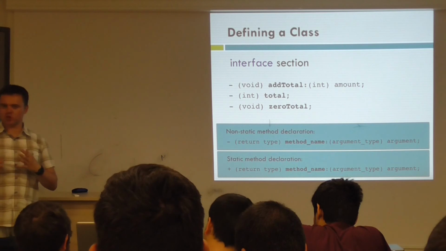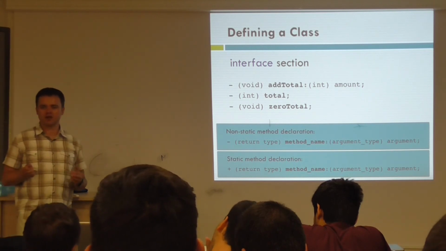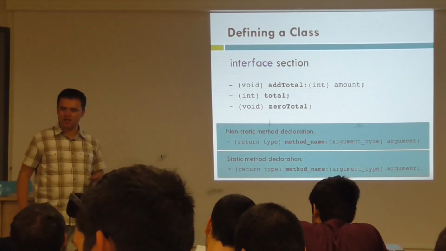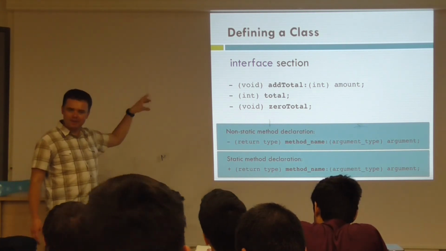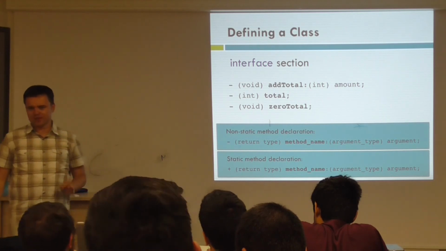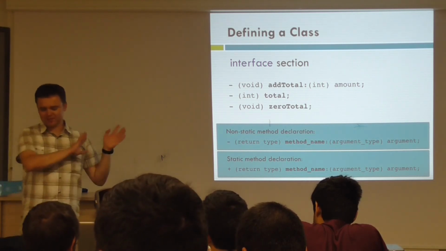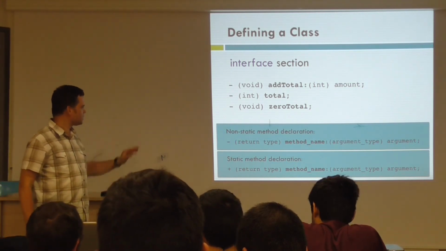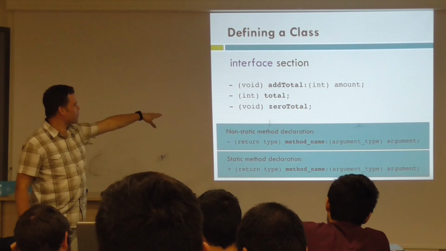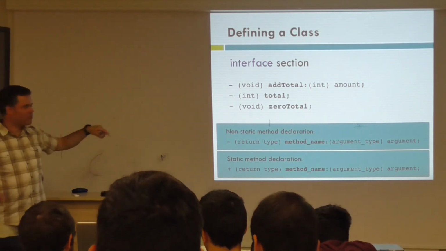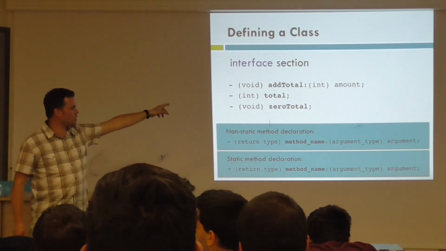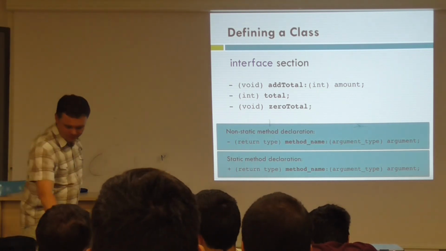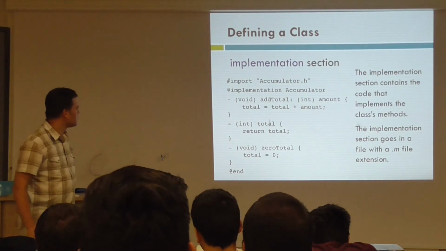So Objective-C was thought of as a fully object-oriented language, not like C++, with some elements taken from Smalltalk. For me, sometimes Objective-C is very crazy. It looks different, strange, but okay. You can see names of some methods, add total, zero total, and parameters like amount. For this case, we can say something like that.